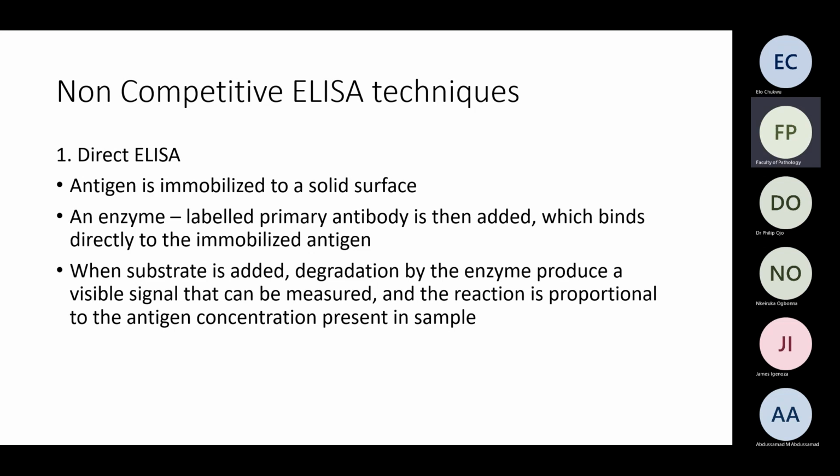Once that substrate is added, the enzyme degrades the substrate, and the degree of degradation will be proportional to the amount of enzyme present, which is also proportional to the amount of antigen that was present in the sample in the first place. So that is the direct ELISA. It is very simple.